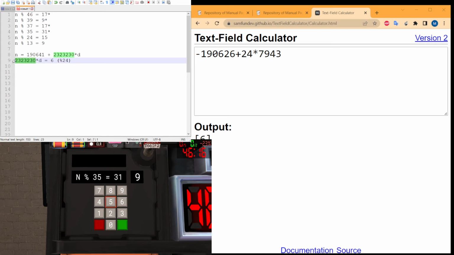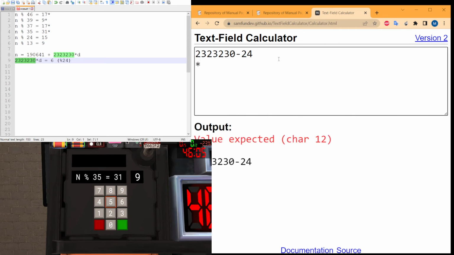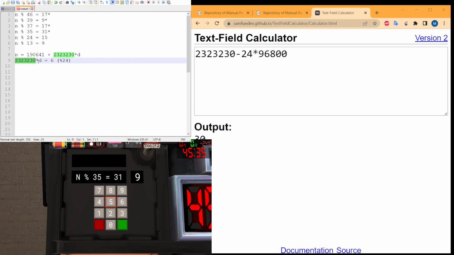Now getting it as low as possible, subtracting 24, and we can subtract 24 once again, which gives us 6.